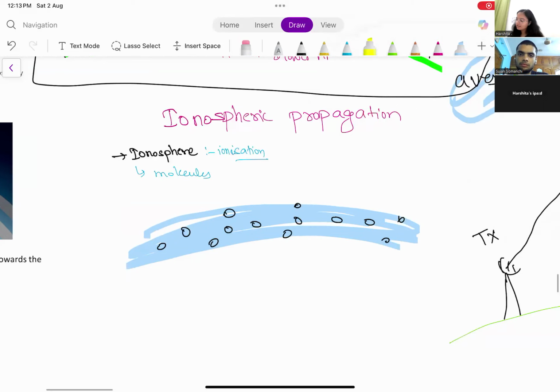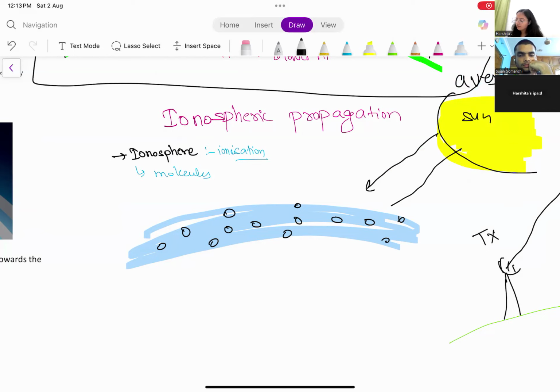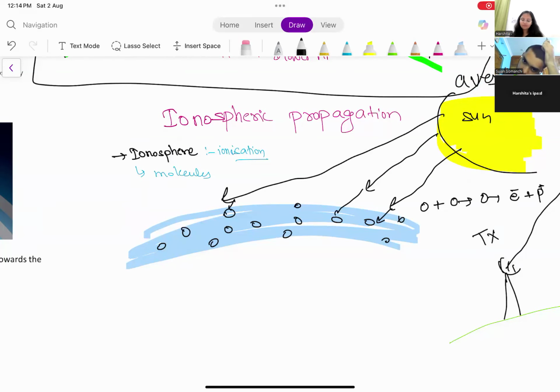There is a mighty sun over here, right? Now, this sun keeps sending its rays to earth. Agreed? These rays, when they hit these molecules, break them into ions, positive and negative.